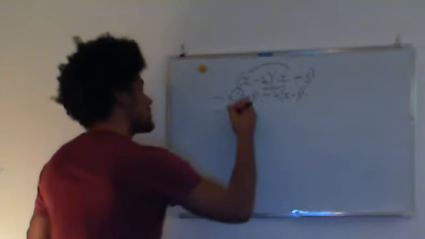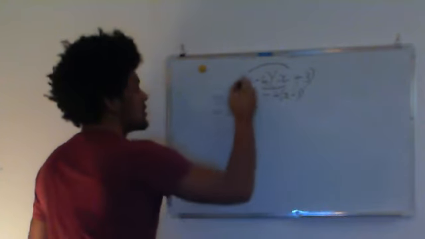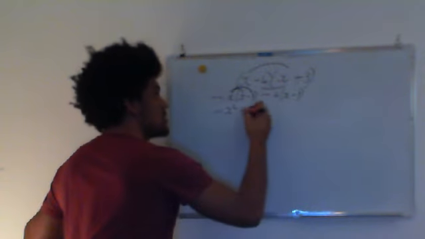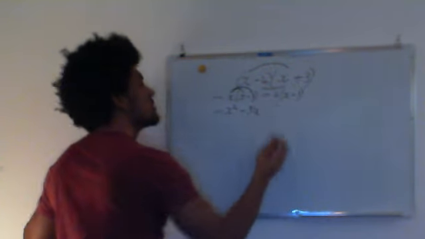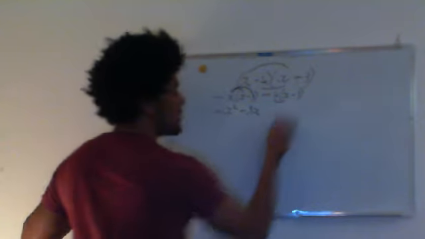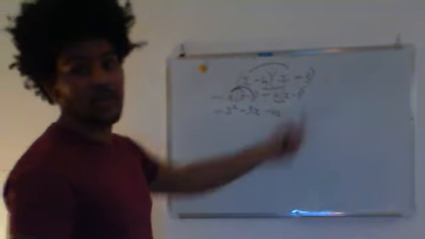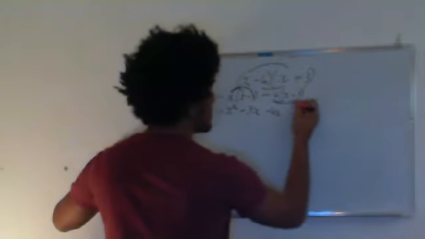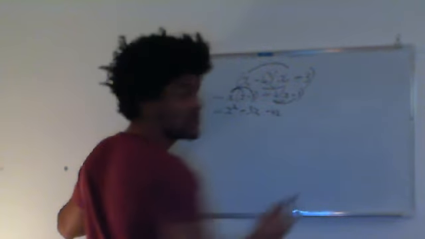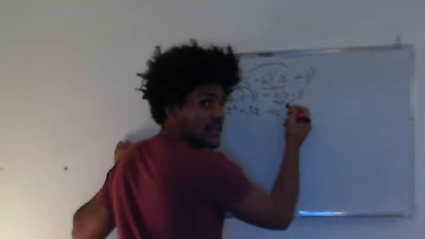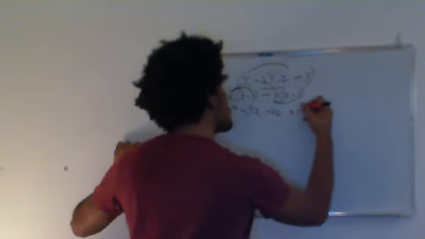X times by x is x squared, x times by minus 3 is minus 3x, minus 4 times by x, minus 4x, minus 4 times by minus 3, two negatives, multiply two negatives you get a positive, 4 times by 3 is 12, so it's plus 12.